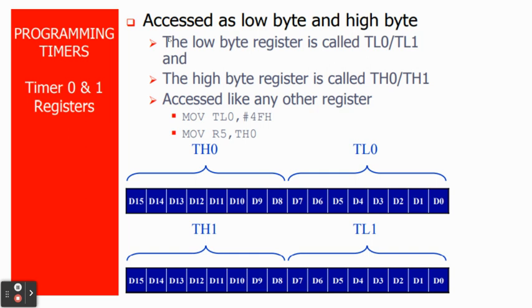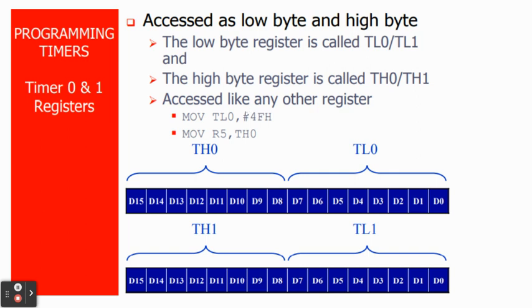As you can see here, the timer 0 and 1 registers are accessed as low byte and high byte. The low byte register is called TL0 for timer 0 or TL1 for timer 1, and the high byte register is called TH0 or TH1.